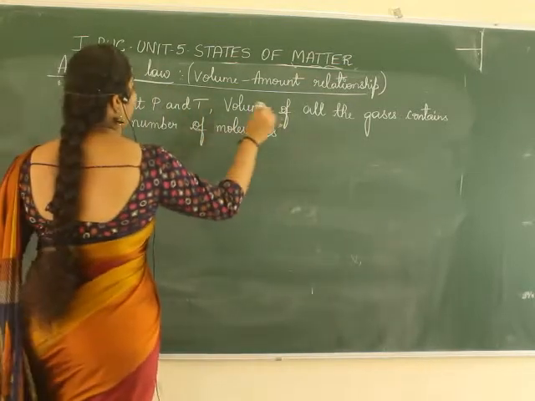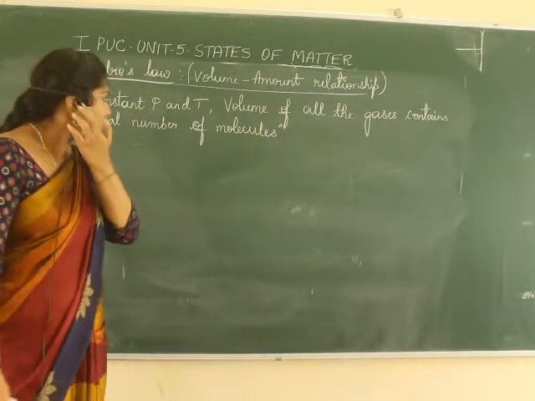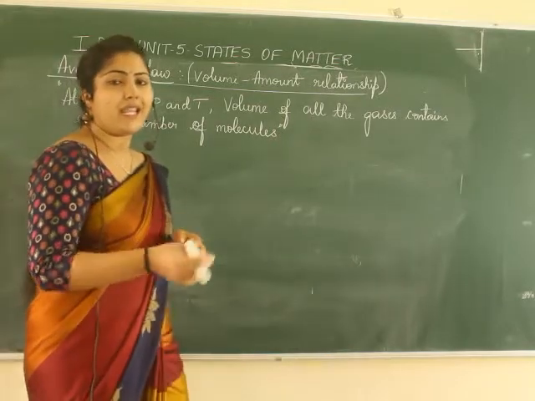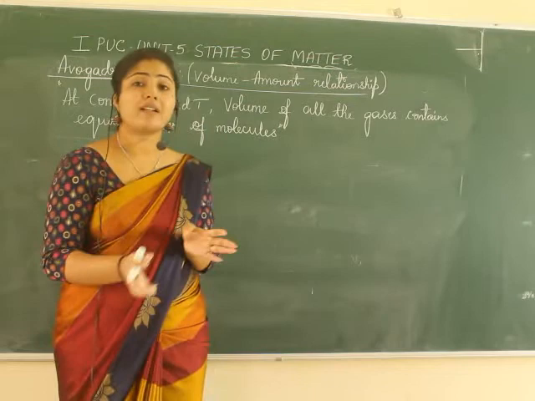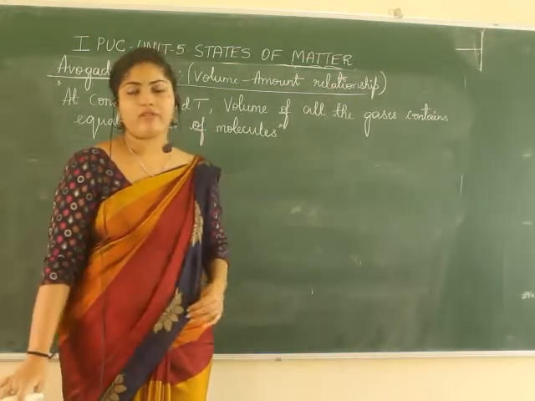Equal number of molecules. So this is Avogadro's law, which is also called the volume amount relationship. That means if you have taken any gases, volume of all gases under the same conditions of temperature and pressure will have equal number of molecules.